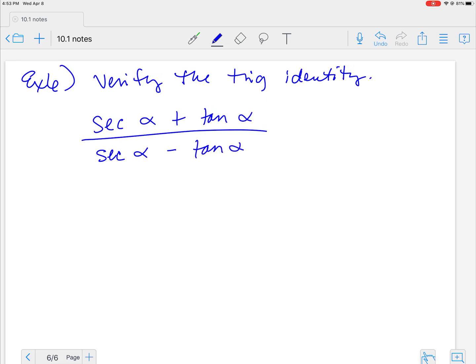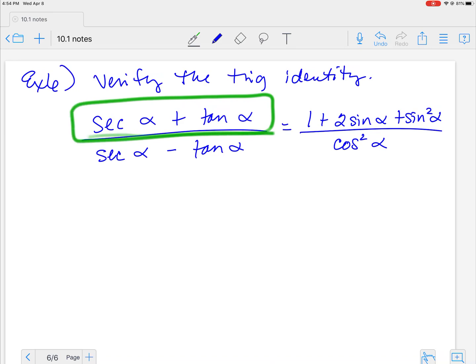Secant of alpha, which looks like a little fish kind of thing, it's alpha, plus tangent of alpha over secant of alpha minus tangent of alpha is equal to 1 plus 2 sine alpha plus sine squared alpha over cosine squared alpha.